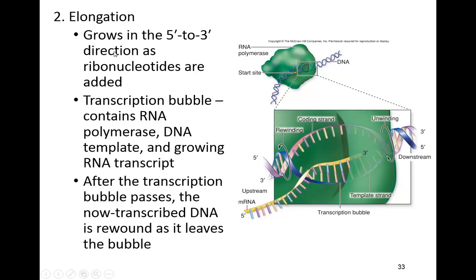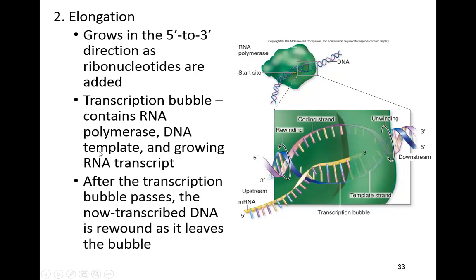Alright, after the RNA polymerase is bound, you have elongation, and this grows in the 5' to 3' direction. Sorry, this is talking about the direction of the nucleotides, not amino acids. Nucleotides are added on the 3' end.